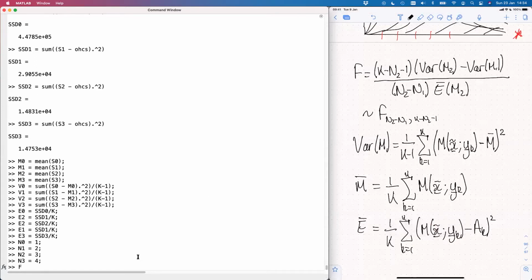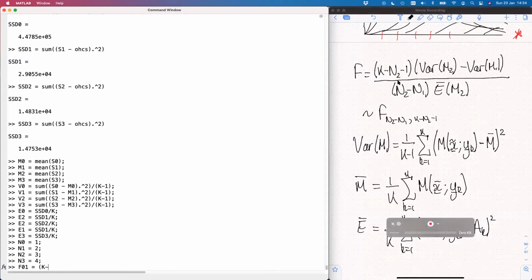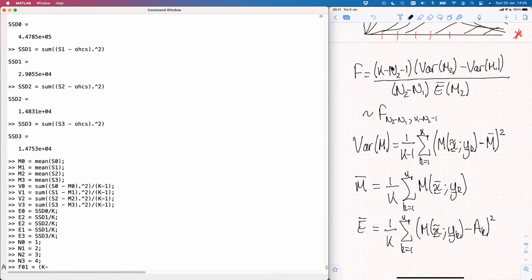If I compute the F statistic, F01, that is K minus N1 minus 1, where N1 is the number of parameters of the more complex model, the linear one in this case, times the difference in the variances of these two models.